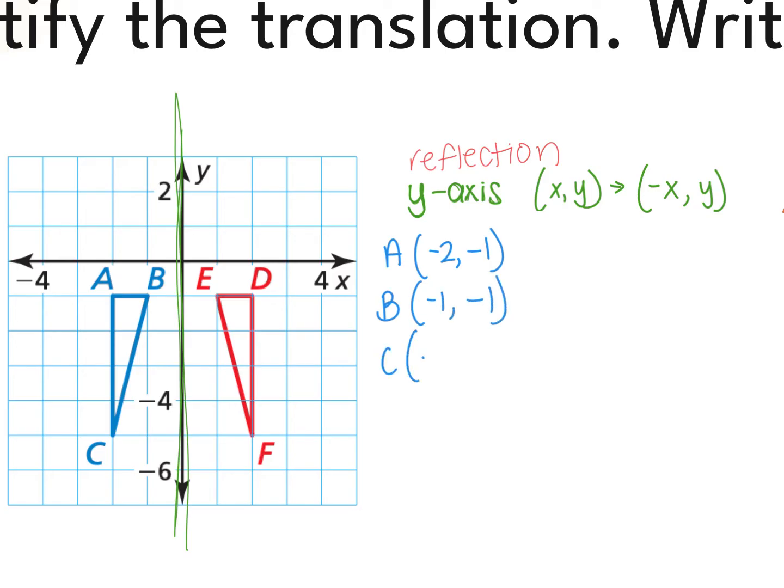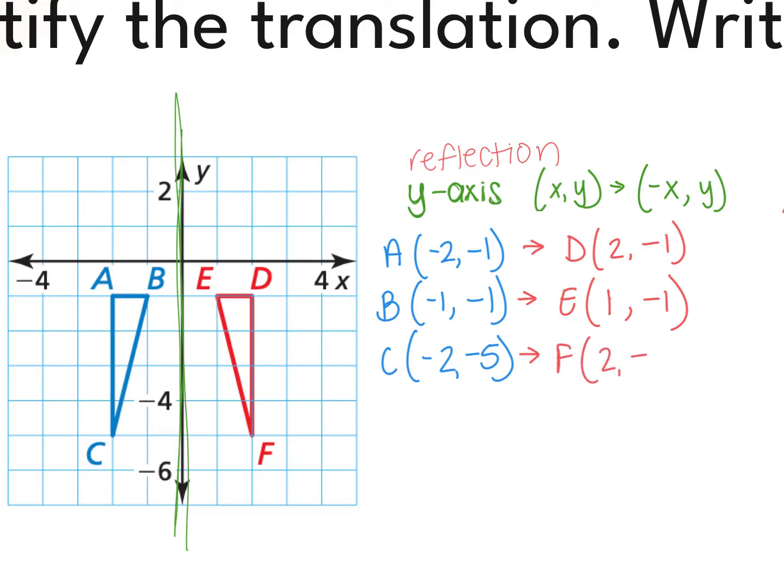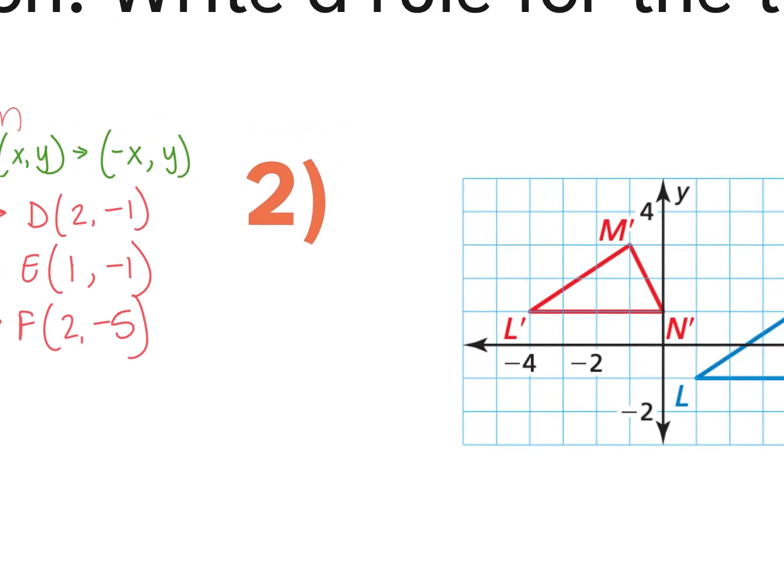And C is -2, -5. So knowing the rule, we're going to do my D, which is 2, -1. E, which is 1, -1, and then F is going to be 2, -5. Okay, so we're just finding the coordinates using the rule.